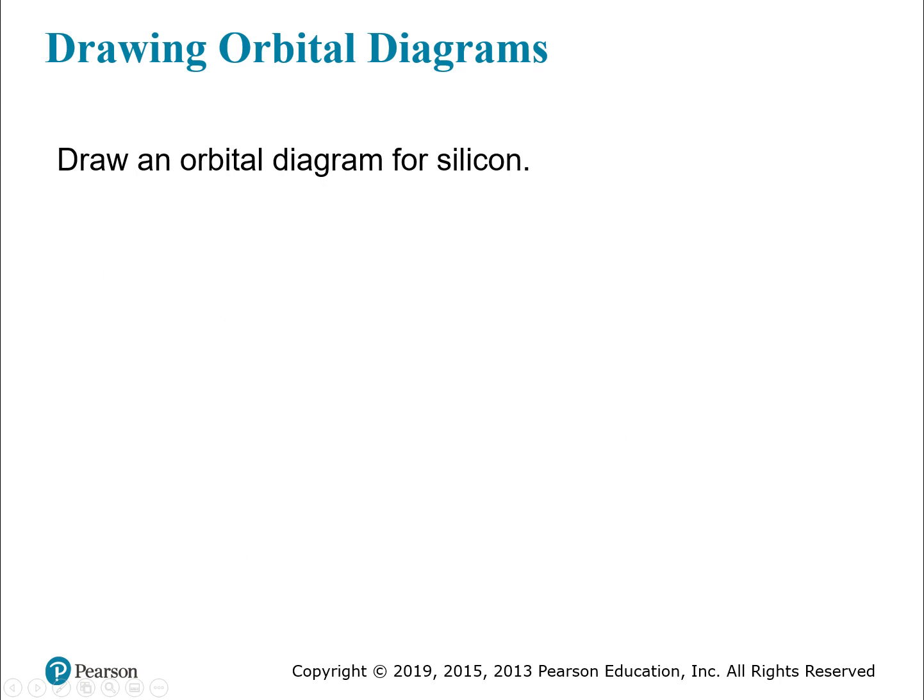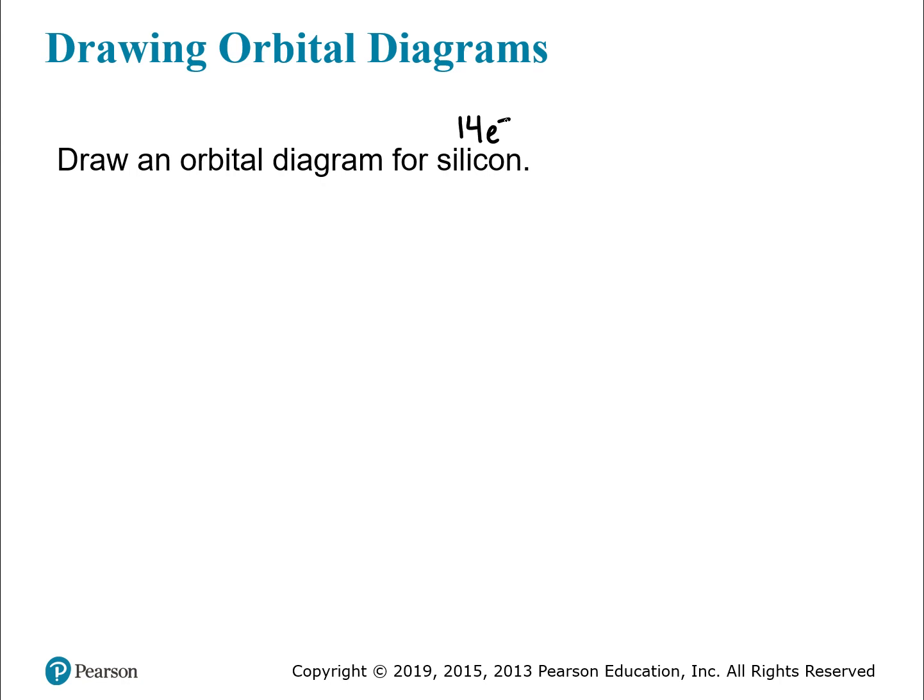So look at your periodic table and tell me how many electrons silicon has. And it should have 14 electrons.